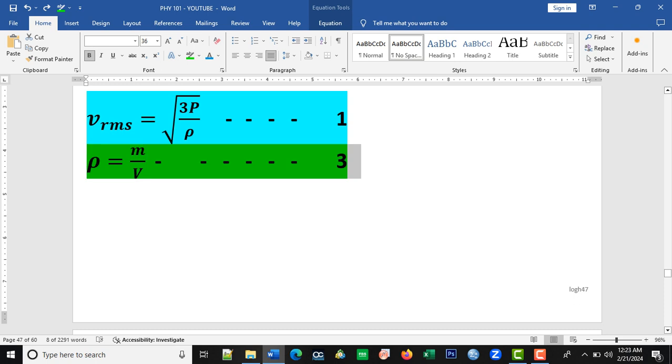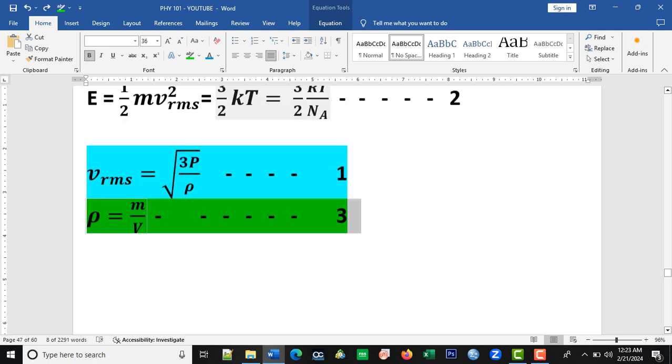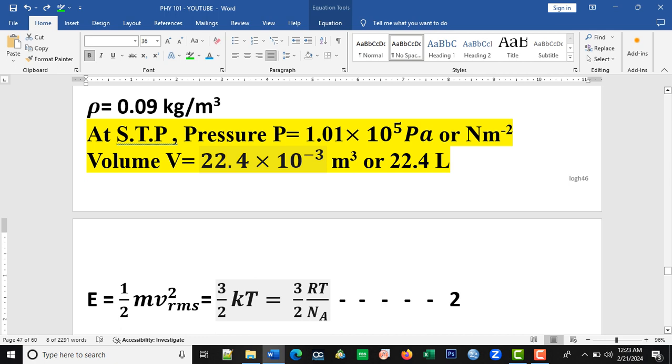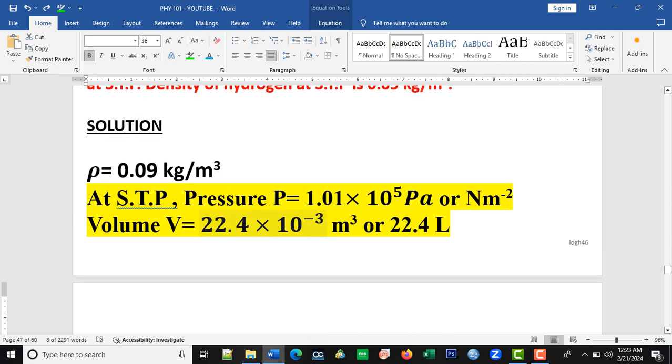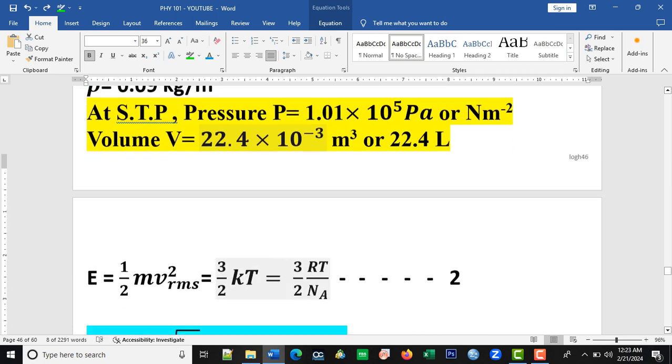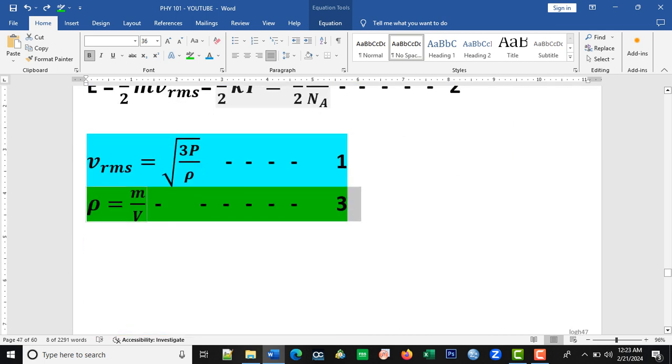Okay, so in this expression here, we are being given the density 0.09 and the volume at STP is known. So with these two quantities, we should be able to make m the subject and deduce the value for the mass.